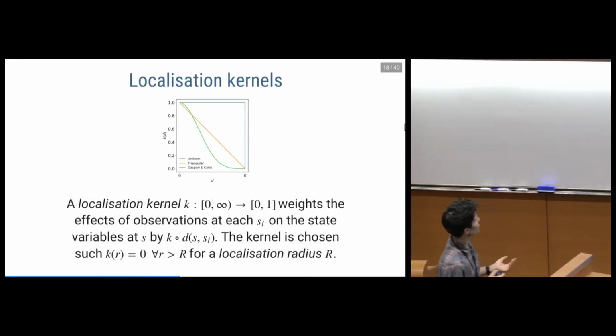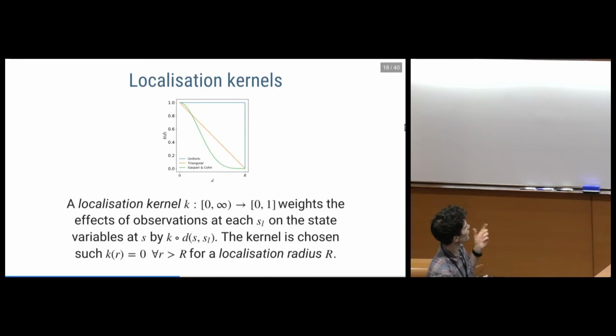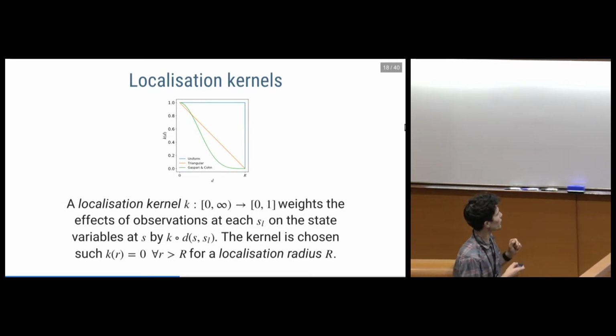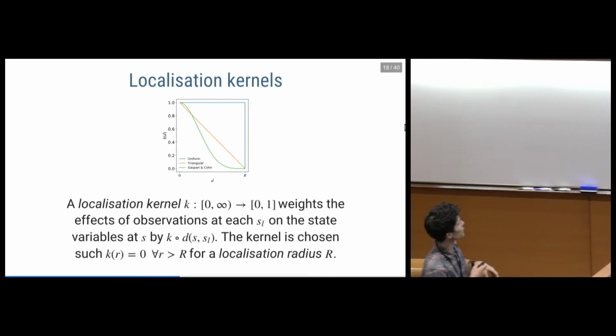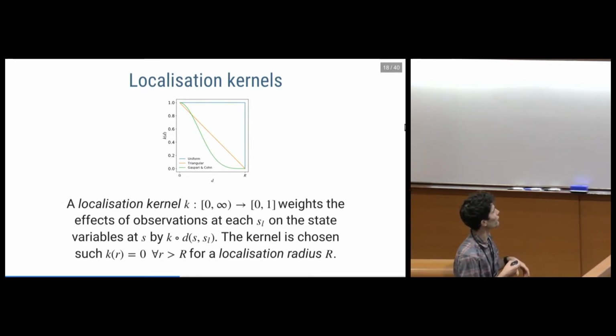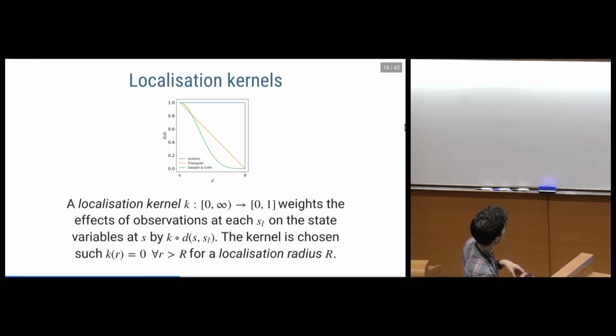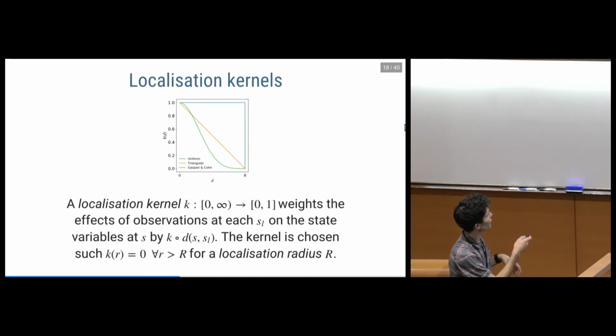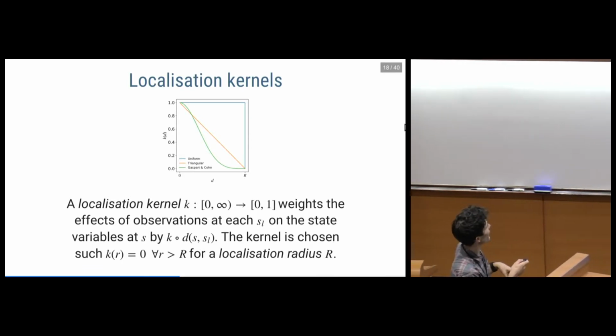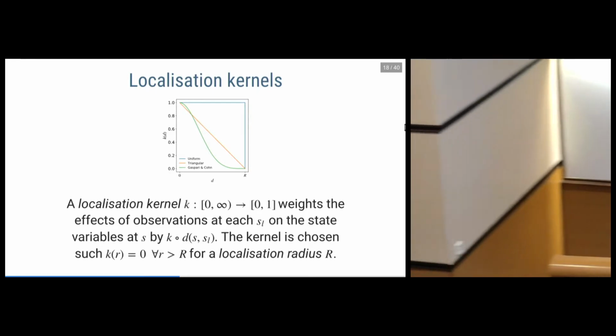This is just some function which takes as input the distance between a pair of points, some value between 0 and infinity, and outputs a weight between 0 and 1. That should monotonically decrease with the distance. We assume generally that it outputs a value of 1 at 0, and then outside of some finite distance, for this localization radius R, this kernel is equal to 0.